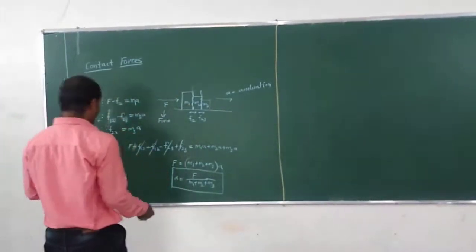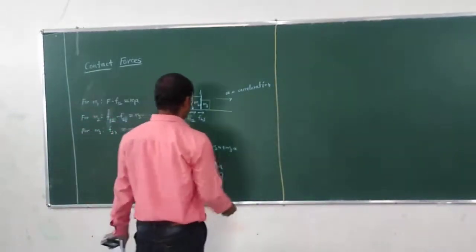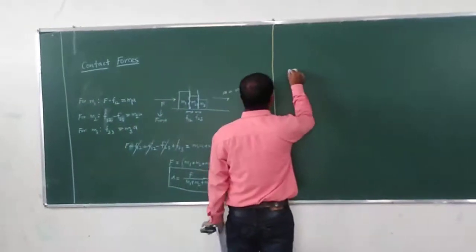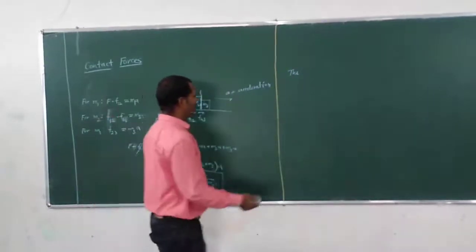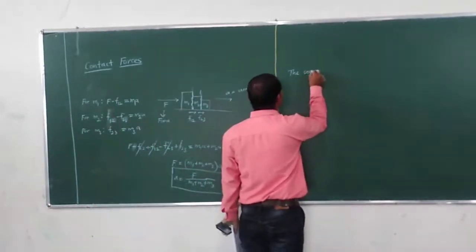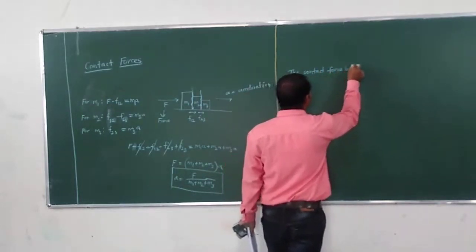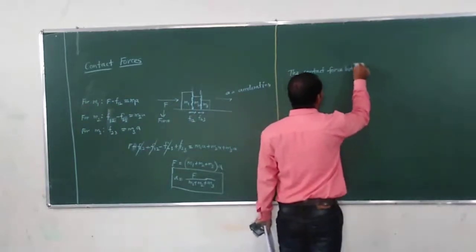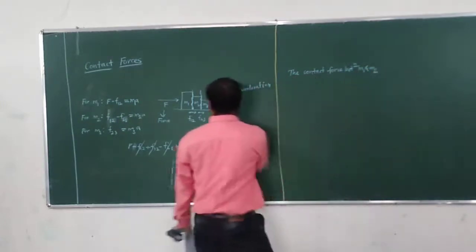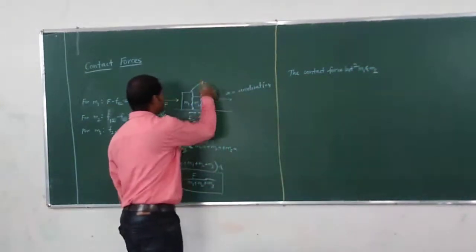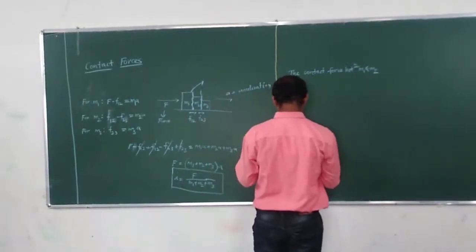तर the contact force between M1 and M2, या दोन्हीच्या मधला म्हणजे M1 आणि M2 च्या मधला आपल्याला कॉन्टॅक्ट फोर्स काढायचा आहे. तर हा कॉन्टॅक्ट फोर्स काय आहे ते आपल्याला बघायचं.